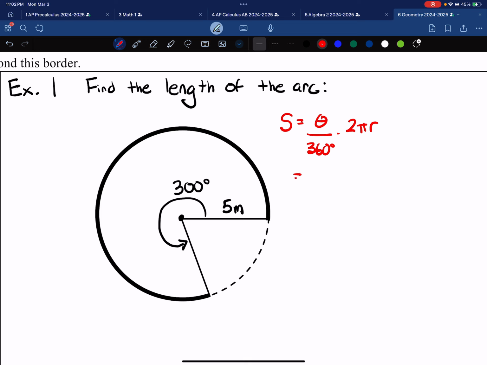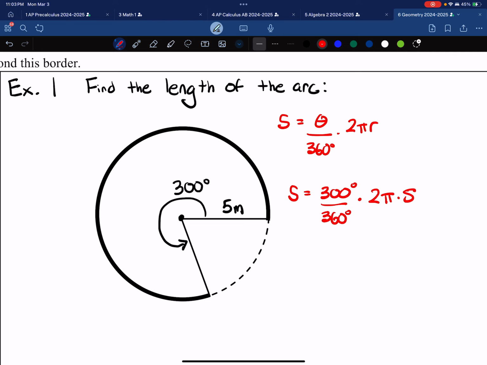In this case, this is supposed to be a lowercase s. So let me come back here and say that this is a lowercase s. It still kind of looks like a capital S, but the lowercase s is going to be equal to our angle here, which is 300, and then we're going to divide that by 360. Technically, those are both in degrees, and that's going to be multiplied by 2 times pi times radius. The radius here is 5.